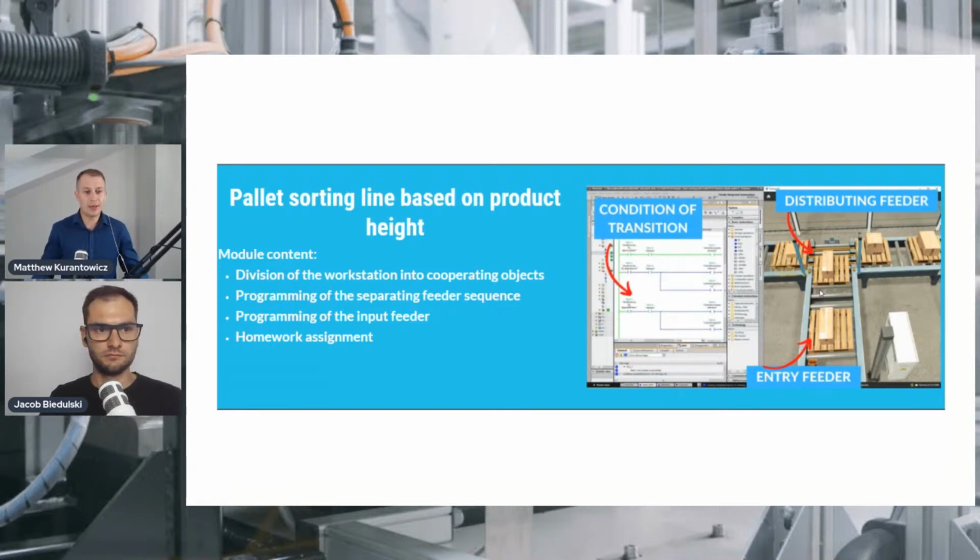Then we need to create a program for the input feeder, and we need to coordinate that. So this is more sophisticated, but in our course, network by network, you will write a program from scratch. What's more, we have presentations. We explain in presentations, and we have some graphs, so you can easily understand how industrial automation objects work.